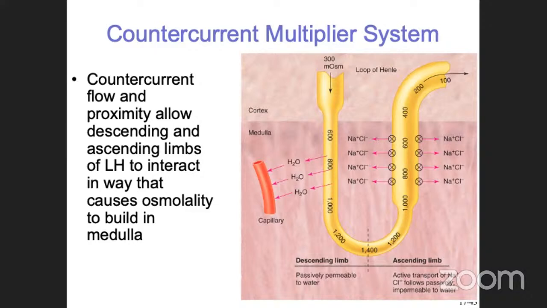If the body needs more water, of course the descending limb needs to reabsorb more water, and the ascending limb needs to retain the concentration of the water. So this is like a feedback mechanism. They maintain the osmolality of the ultrafiltrate when it is inside the medulla of the kidney.